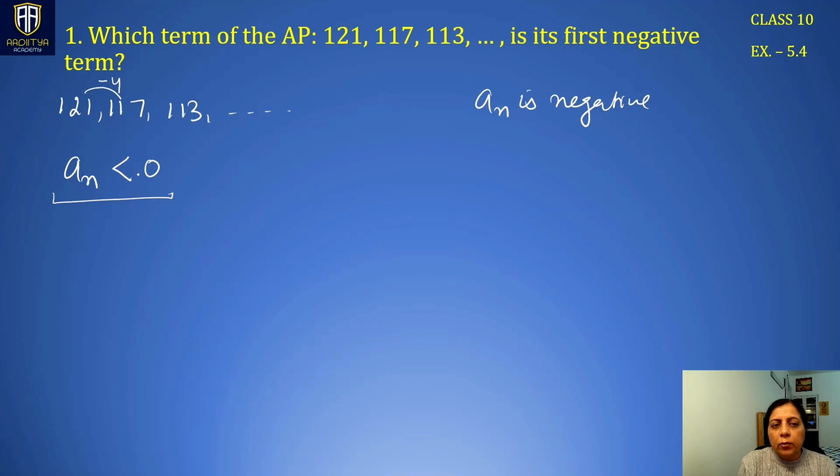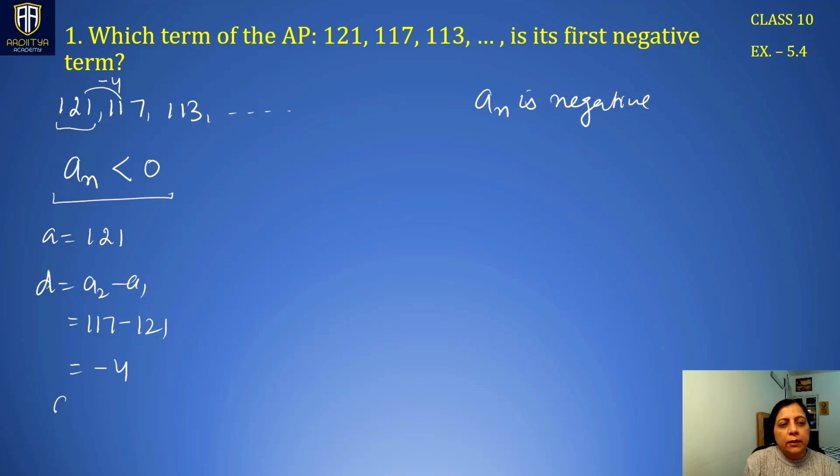So we have to look for the term where we get the first negative value in the sequence. From this you can say that a is 121. d is a2 minus a1, that is 117 minus 121, which is minus 4. So d comes out to be minus 4. a is 121. n we have to find by keeping this condition that an is less than 0.